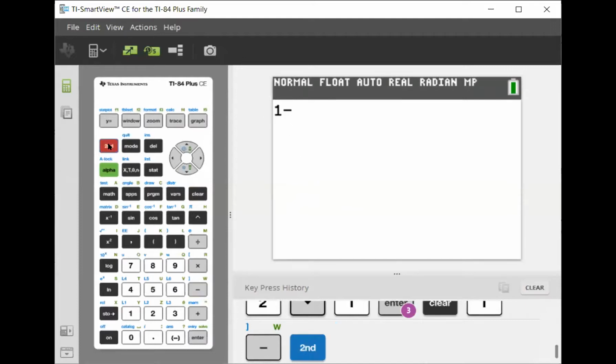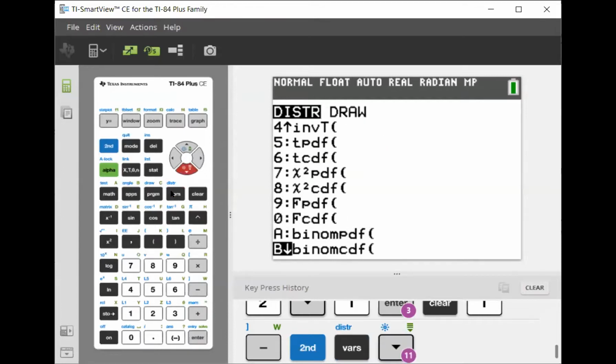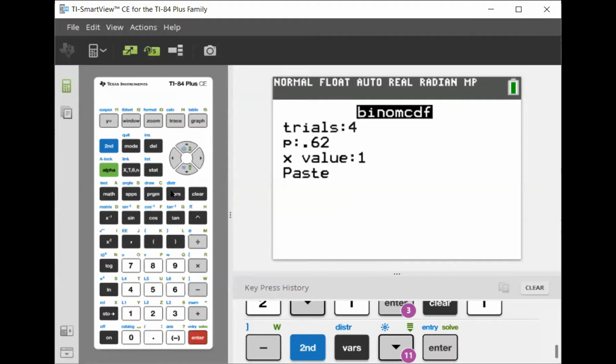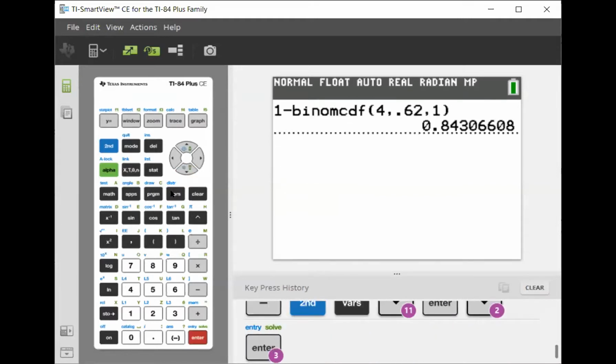So second, vars. You have to find binomial CDF, enter. The number of trials is 4, probability is 62%. And remember that since it's less than, you have to write 1. Enter, enter, enter. And as before, we got 84.3%.